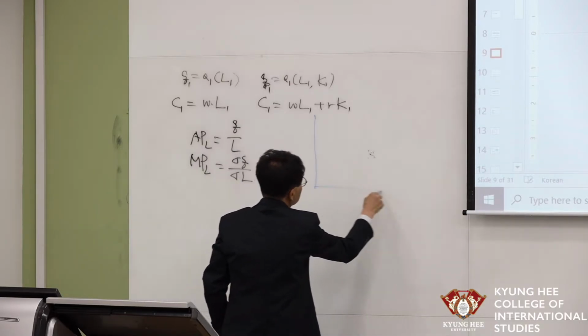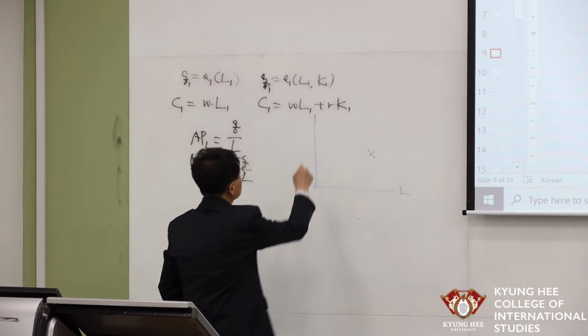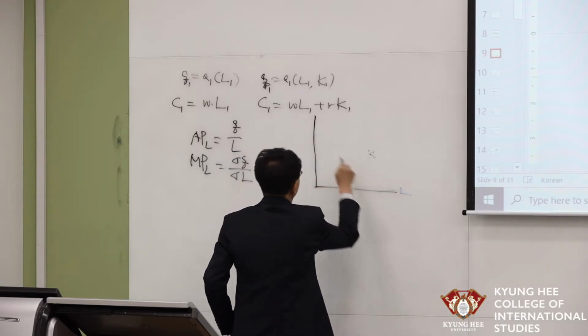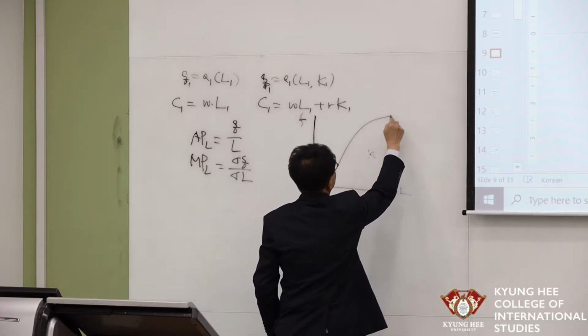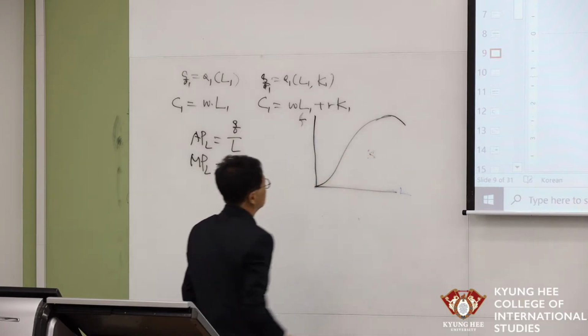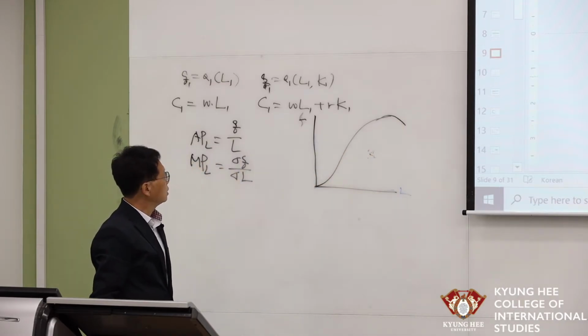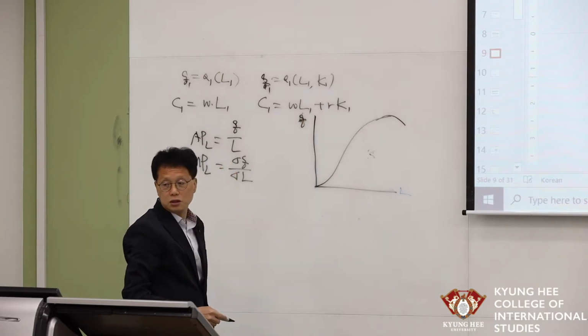If the x variable is L and the y variable is Q, then the production function is usually shaped like this. That is the total product, the production function.